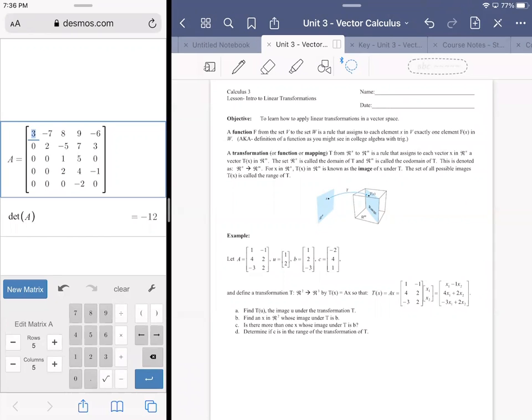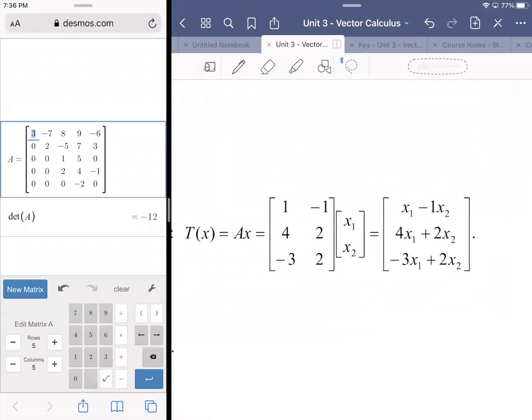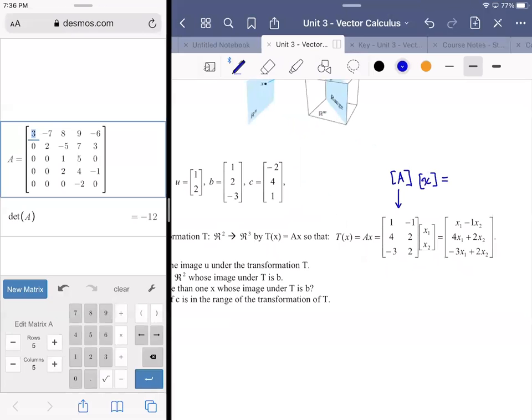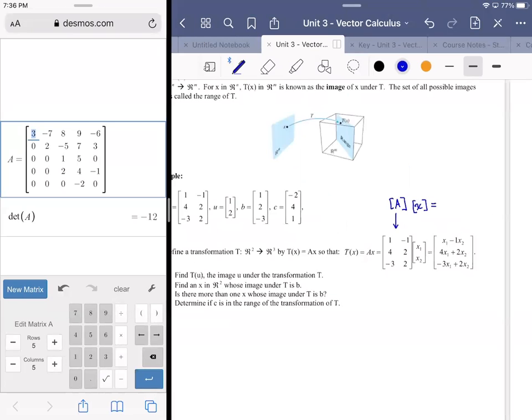So here is my A. That's my matrix A, and here's my vector x. The result is what you would get if you multiply these two things, right?